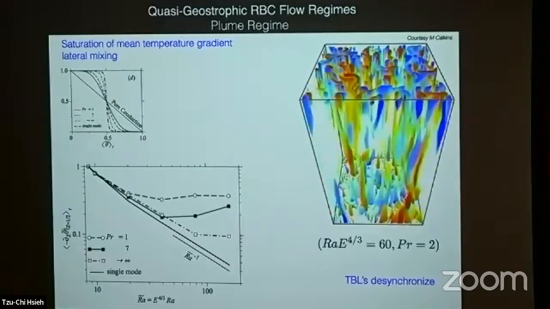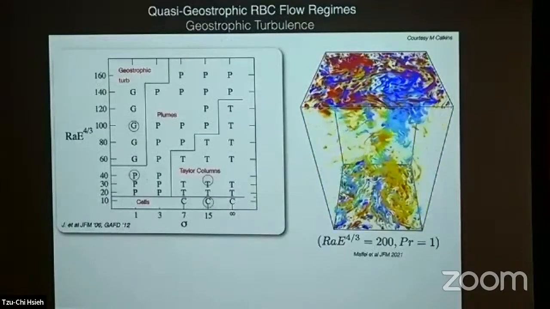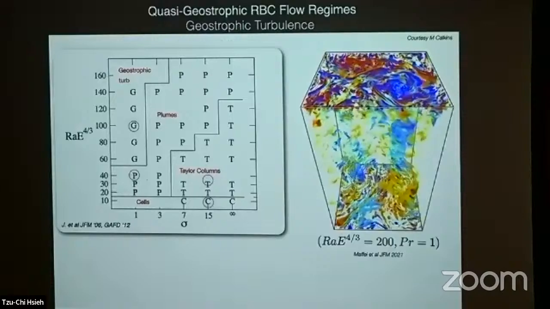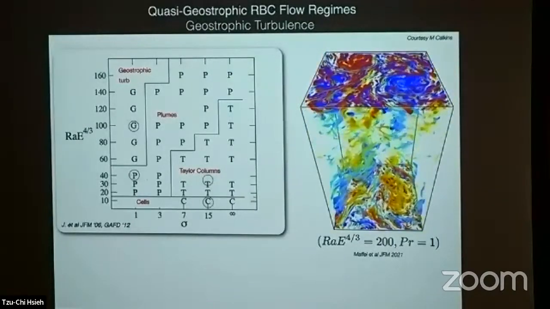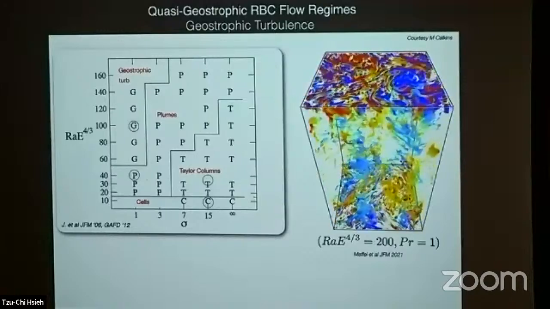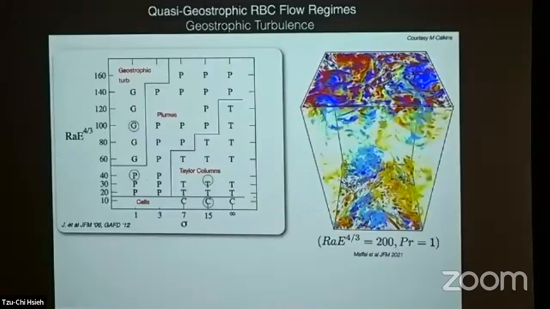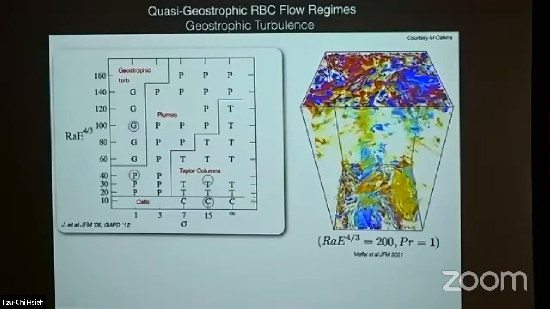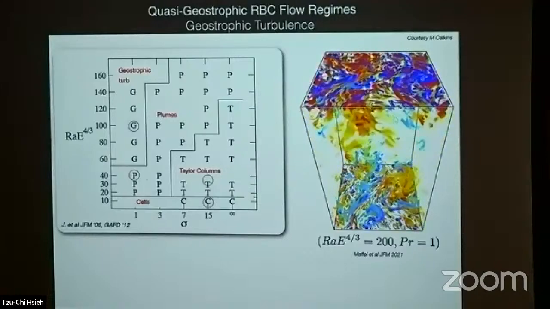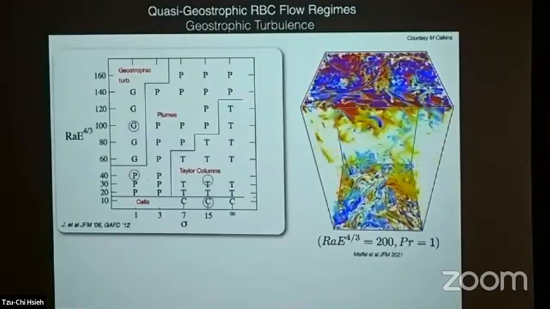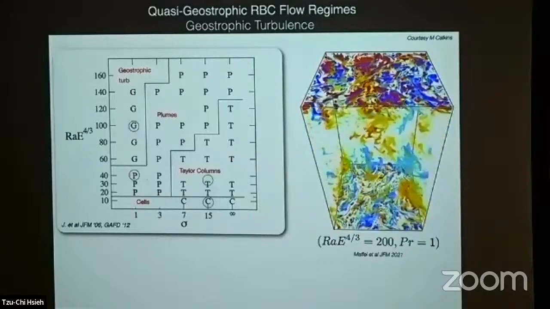And so there's partial desynchronization, and then finally you get to this model where the plumes completely lose their coherence, and most of the coherence is actually of these unstable boundary layers, confined to the top and bottom surfaces, as this rendition is showing.